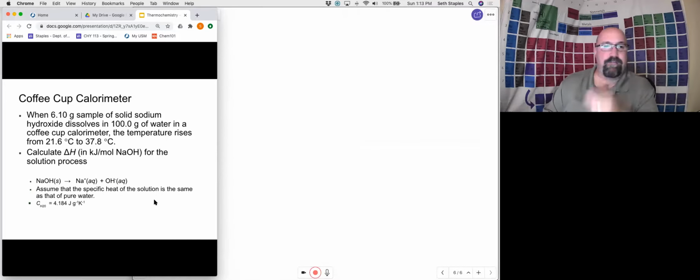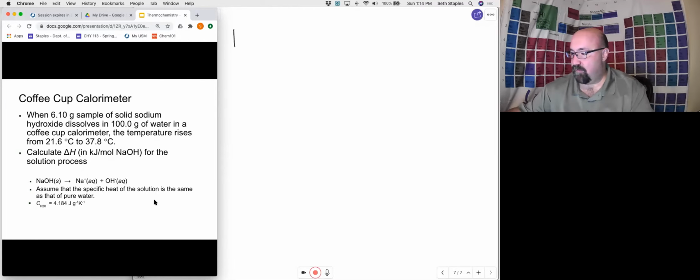And so here we have 6.1 grams of solid sodium hydroxide. We're going to dissolve that in 100 grams of water, and we have a temperature change from 21.6 to 37.8, and we want to calculate the delta H, our enthalpy in kilojoules per mole of NaOH for this process. So again, let's just remember what we have. We'll keep this little diagram up here.